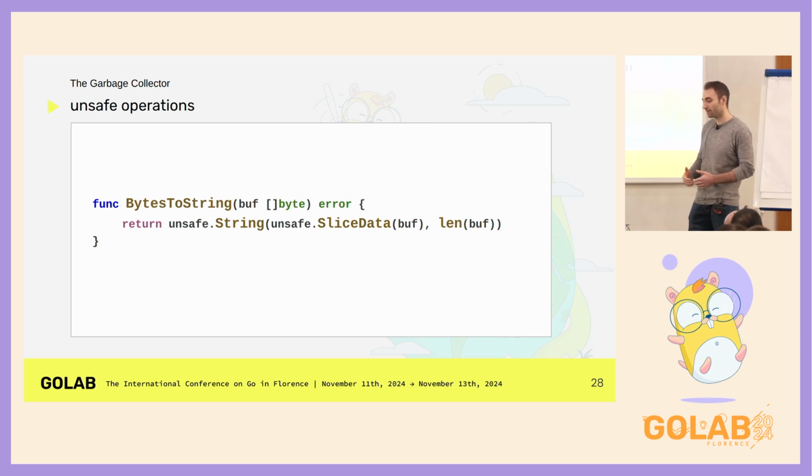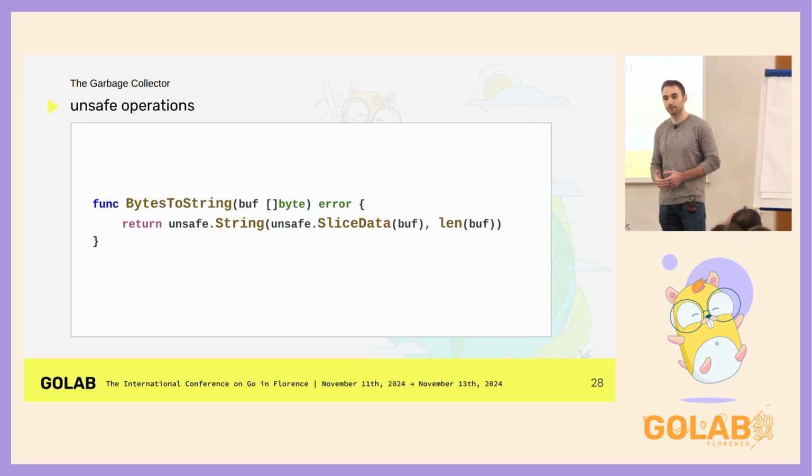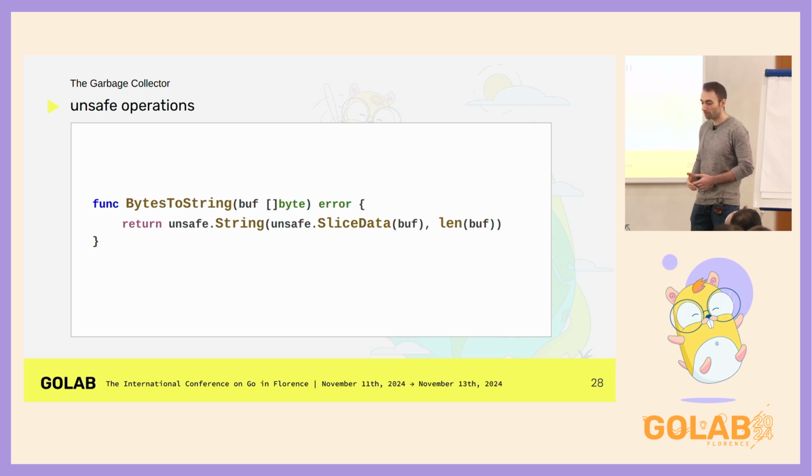But when you use unsafe, you also have to care about the lifetime of the memory you are referencing, because the pointer that you get is not checked by the garbage collector. And what happens is that if your memory gets cleared in the meantime, then you may just have a sudden panic or undefined behavior in your application.